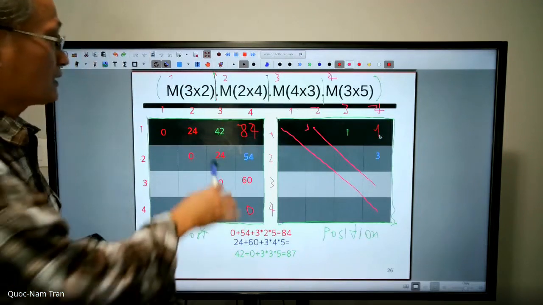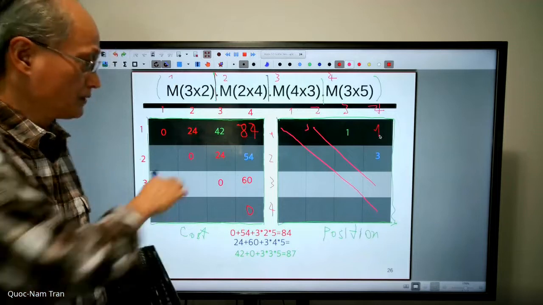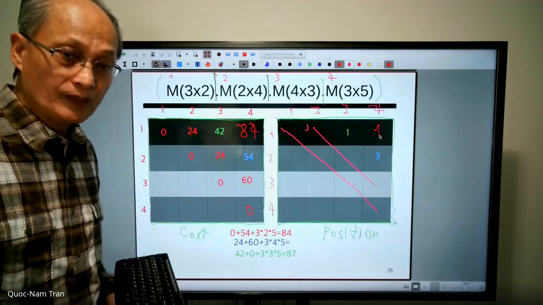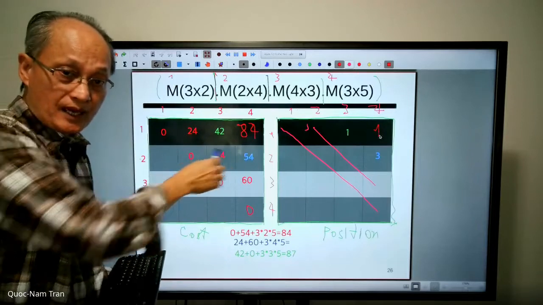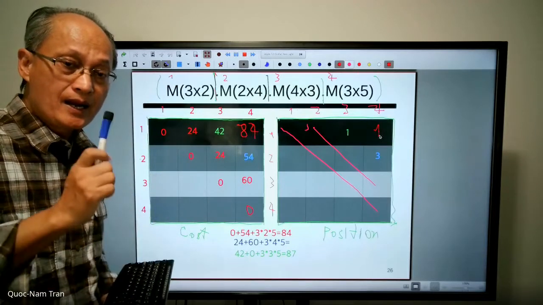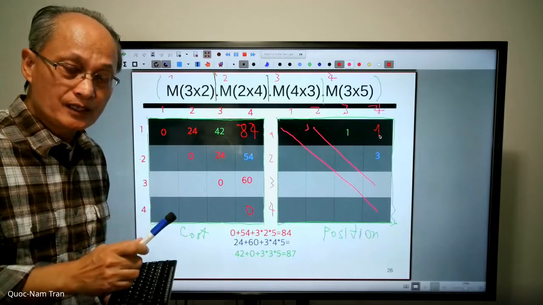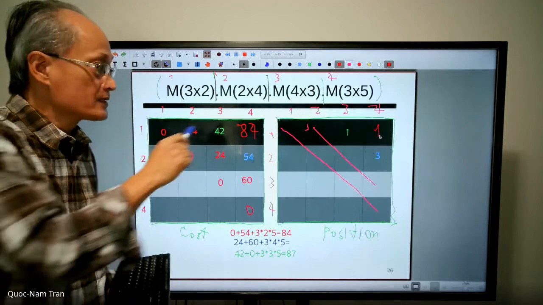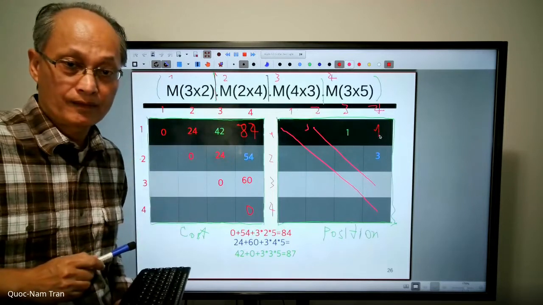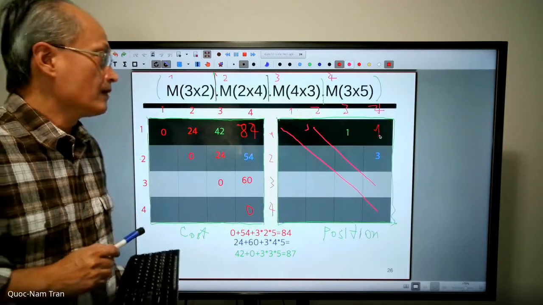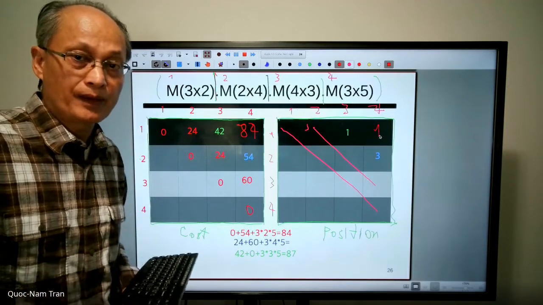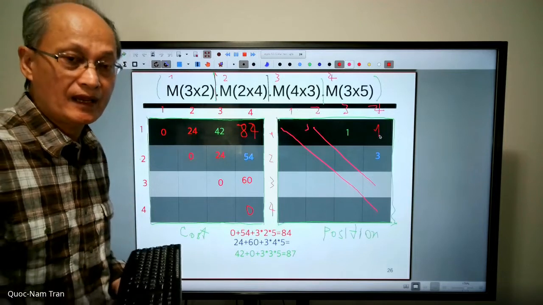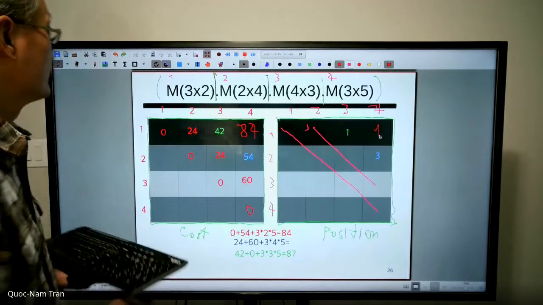What it tells me from the cost table is that the minimum number of multiplications is 84. Now, how can I obtain the way to multiply the matrices so I can have the optimal result?